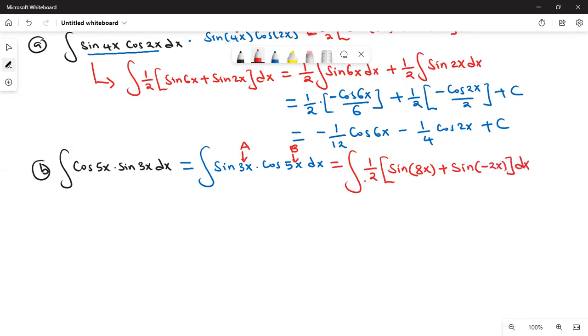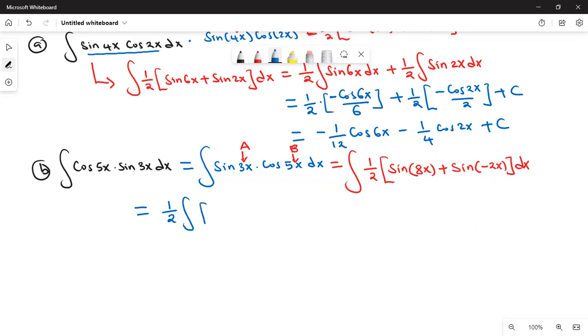dx. But I told you that sine of negative of an angle is the same as negative sine of that angle. So that this can also be written as, of course, you see 1/2 is a constant which can be factored out.